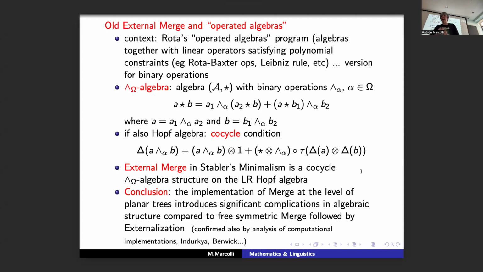And one particular case in this operated algebras setting is called lambda omega algebras. I'm using this notation lambda v because our trees are pointing down; it's usually written as v again, because usually the trees are written with the root at the bottom.